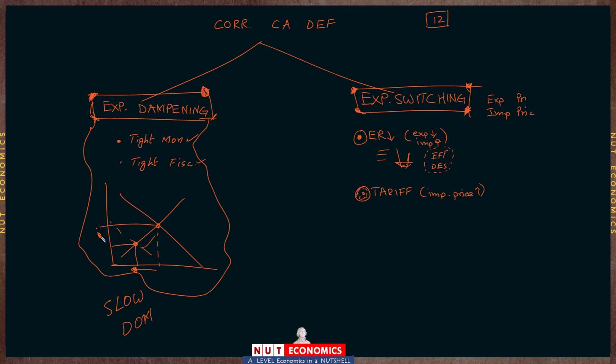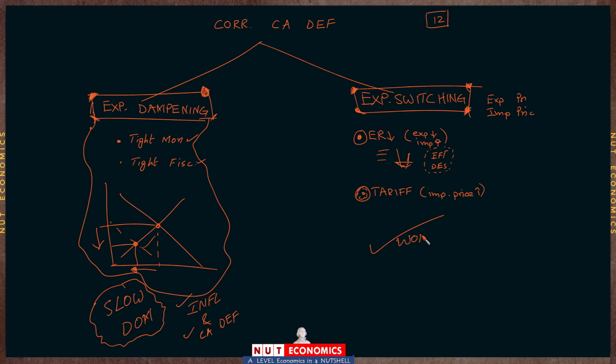Price levels also fall, GDP falls, and the current account deficit also resolves. So with expenditure dampening you have to suffer from a slowdown of the domestic economy, although your price levels also get controlled. So if your problem is inflation and a current account deficit, then go for expenditure dampening. Slow down your economy, get rid of inflation, and the expenditures will dampen, the current account deficit will also get fixed. Whereas if your problem is not inflation and if you don't want to slow down your economy, then you should go for expenditure switching policies.